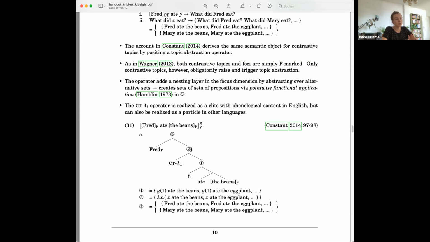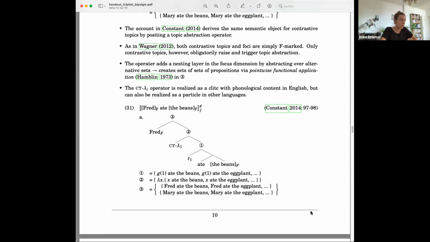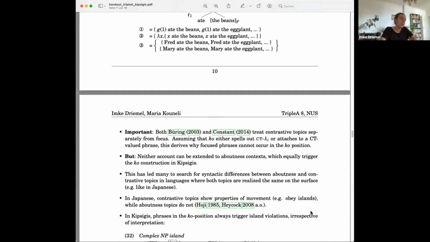Now, if we combine 2 with the F-marked phrase Fred via pointwise functional application, we get 3, right? Again, a set of propositions, exactly what Bühring also gets with his analysis. And then you have to make that somehow find an antecedent in the discourse. Okay, so far so good.